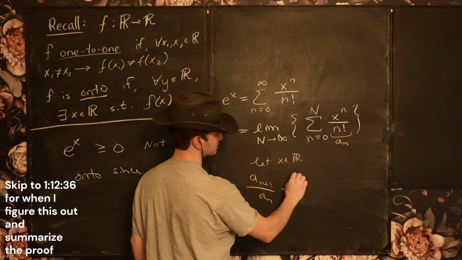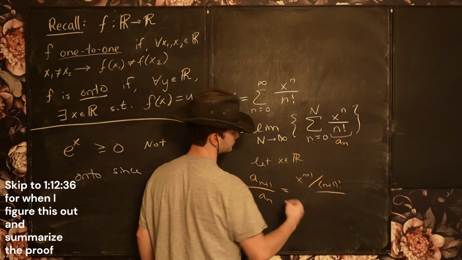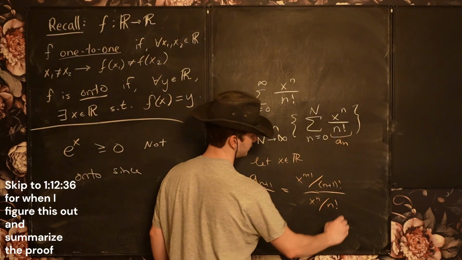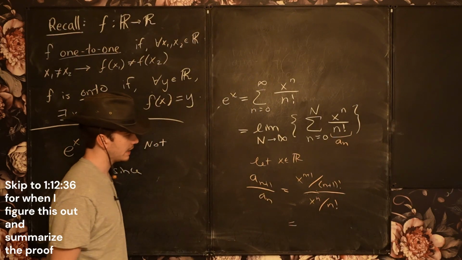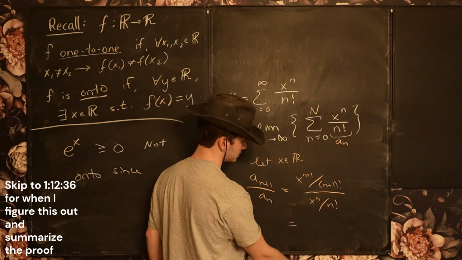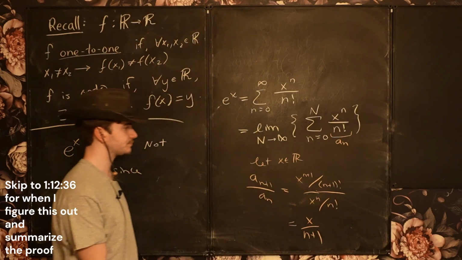This is going to be x to the n plus 1 over n plus 1 factorial divided by x to the n over n factorial. Now bring the n factorial upstairs. This is just x over n plus 1.